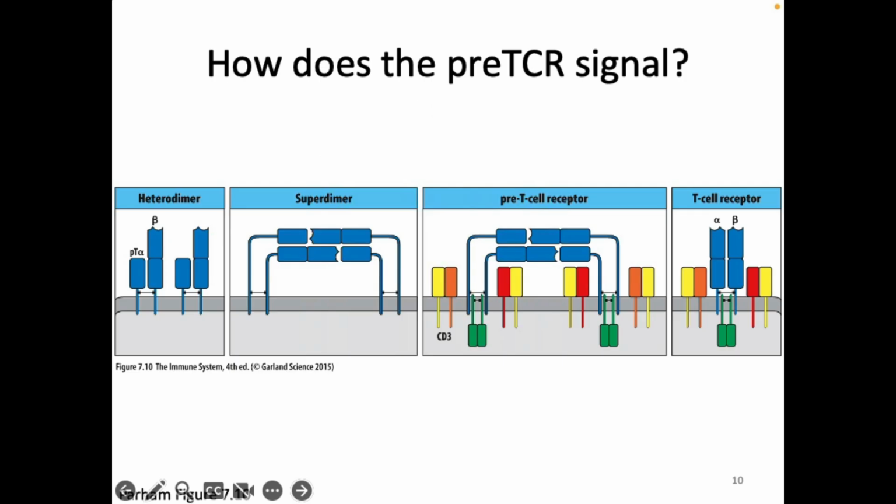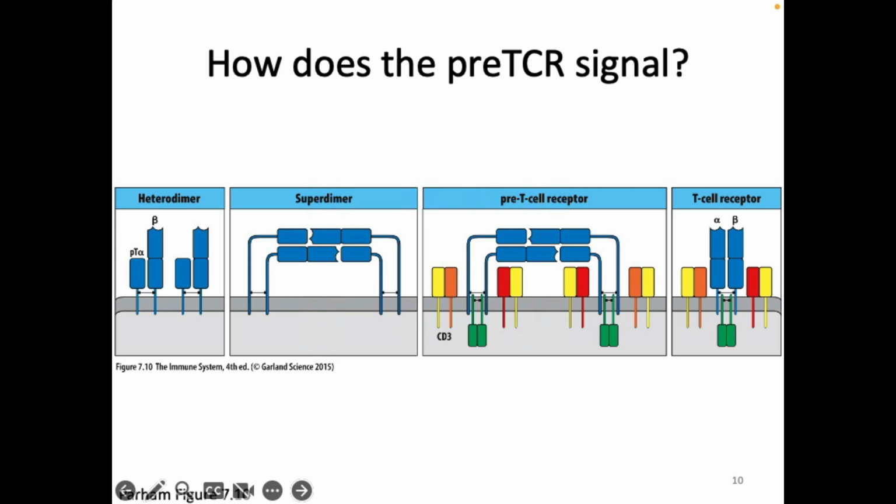And what we think happens is actually that pre-T alpha can bind to other beta chains and sort of pull together multiple adjacent pre-TCRs to allow for signaling.